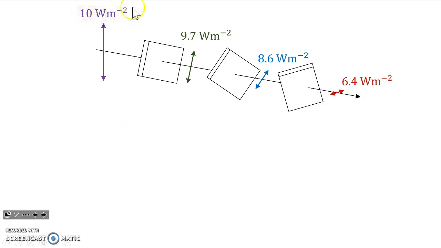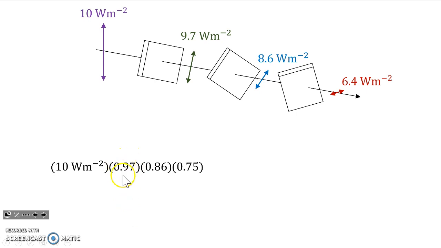To get from 10 watts per meter squared to the final answer, we had to reduce that intensity once for the first filter, a second time for the second filter, and a third time for the third filter. These values, 0.97, 0.86, 0.75, are the cosine squared factors.